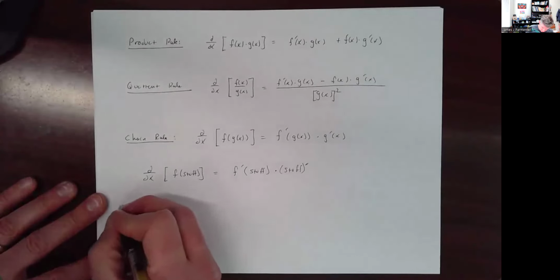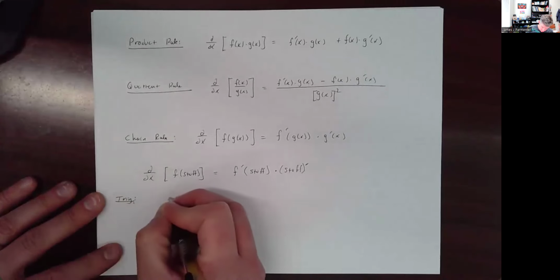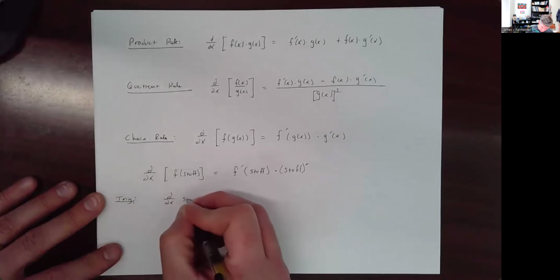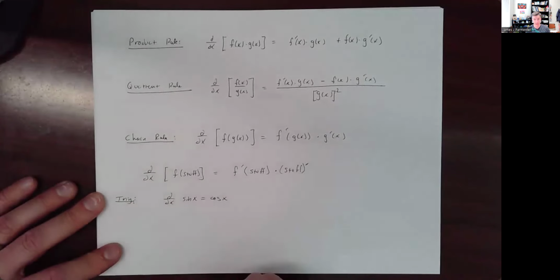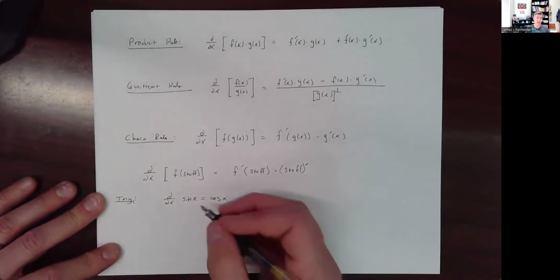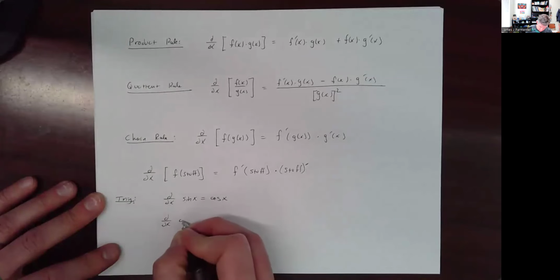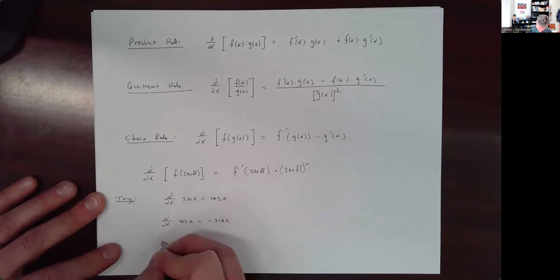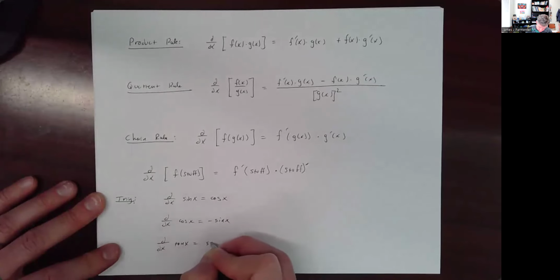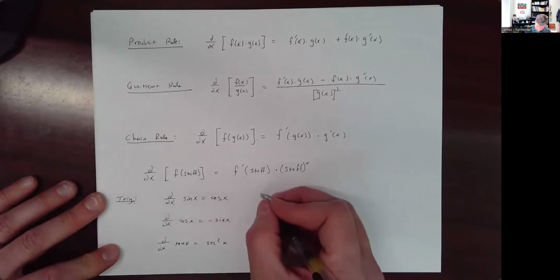Here they are. So trig derivatives over here. The derivative of sine of x is equal to cosine of x. I do recommend writing them in this pattern where it's sine, cosine, and tangent, because sine divided by cosine is tangent. The derivative of cosine of x is equal to negative sine of x. The derivative of tangent of x is equal to secant squared of x. And then the reciprocal. So the reciprocal of sine is cosecant.